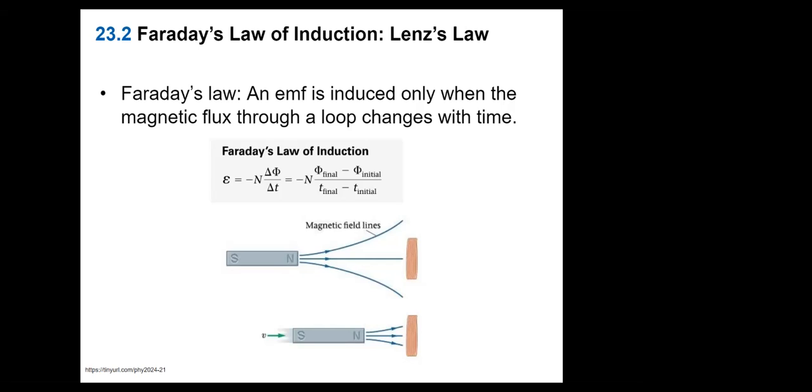So the induced EMF, epsilon, equals minus N, where N is the number of coils or loops you have, times delta phi, the change in flux, over delta t, the change in time. So this is the rate of flux changing. You can write it as minus N times flux final minus flux initial, divided by t final minus t initial. That's the equation you can use to calculate the induced EMF.